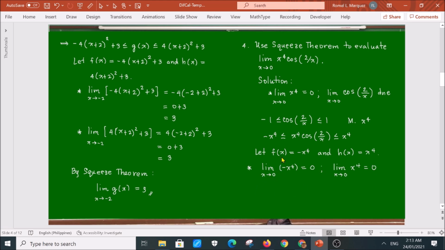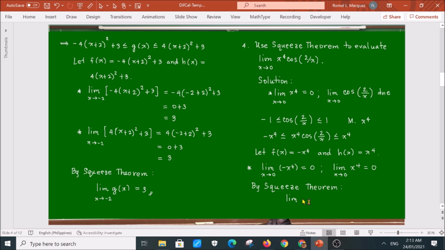Since the limits of f of x and h of x as x approaches 0 both exist and are equal to 0, then by squeeze theorem, we can conclude that the limit of g of x is also equal to 0.